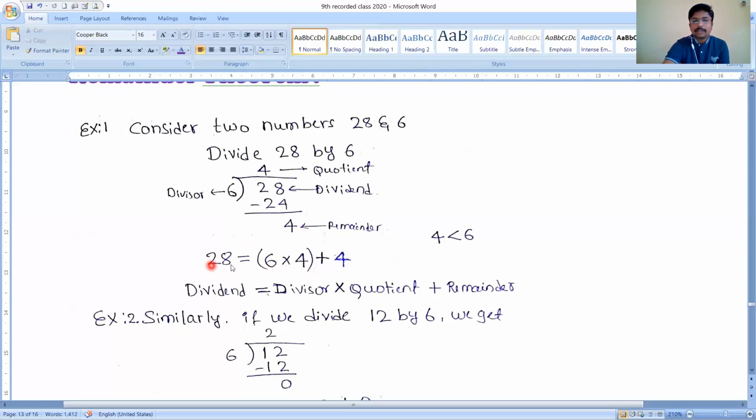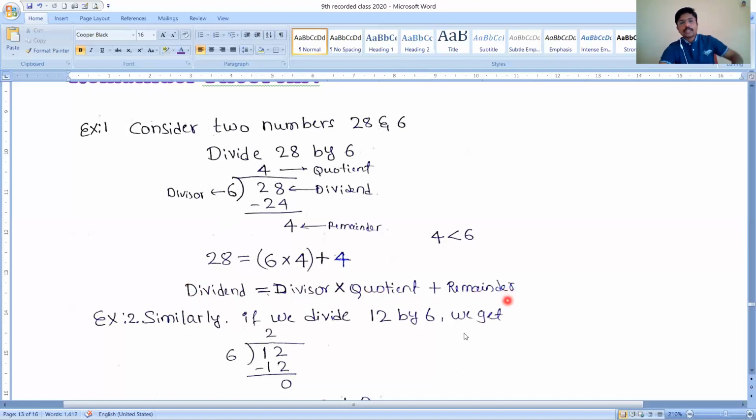Therefore 28 = 6 × 4 + 4. Here 28 is the dividend, 6 is the divisor, 4 is the quotient, and the last 4 is the remainder. Keep in mind: dividend = divisor × quotient + remainder.